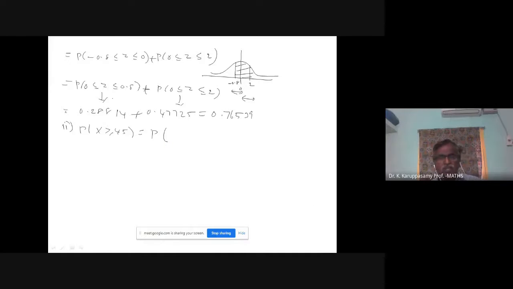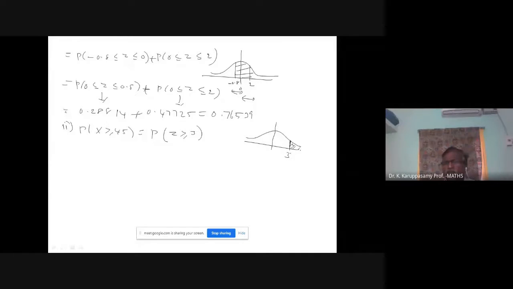So z is greater than or equal to 3. Another bell-shaped curve. You roughly draw that curve. Z above 3, above 3 means here, this portion. Below means left side, above means right side. So the shaded portion we want.